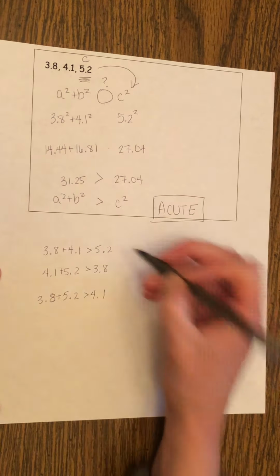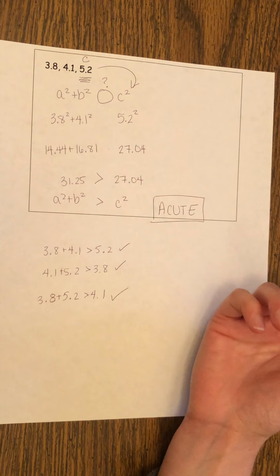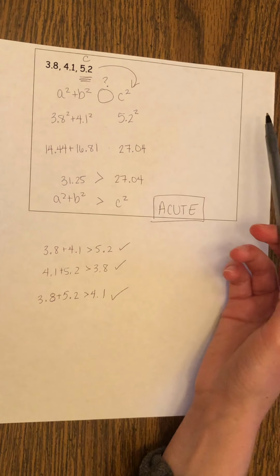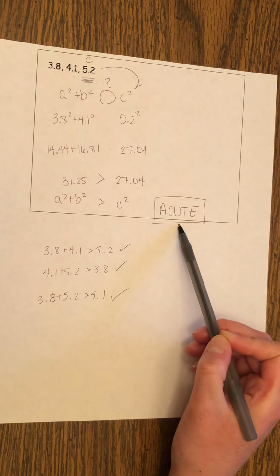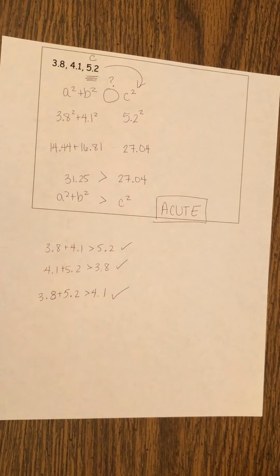Yes, yes, yes. So these three sides can form a triangle. In the last example, those three sides could form a triangle. On the off chance you have a homework problem where the three sides can't form a triangle, well then you're not going to have any acute, right, or obtuse triangle because with the three sides you can't actually make a triangle.